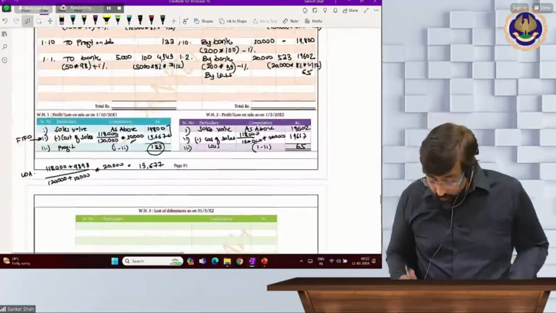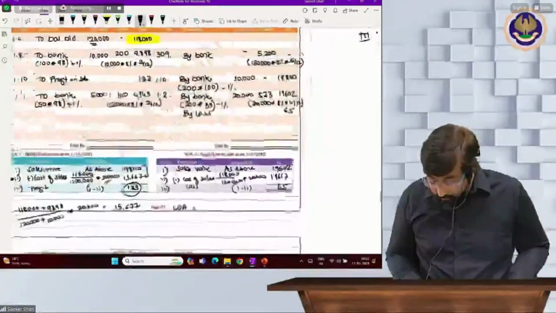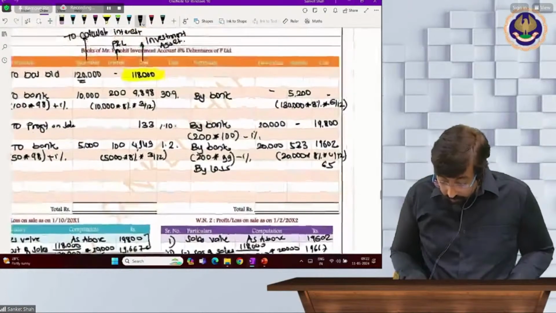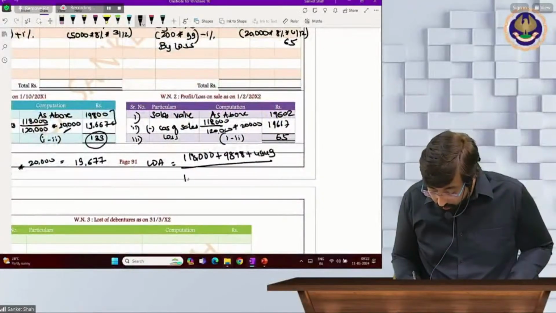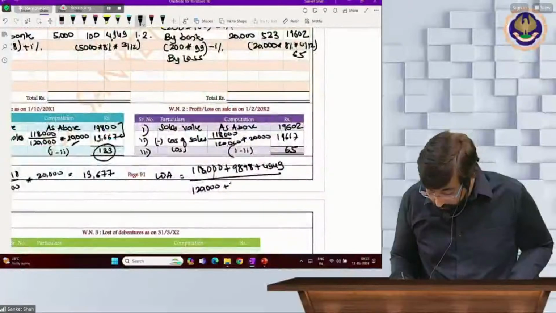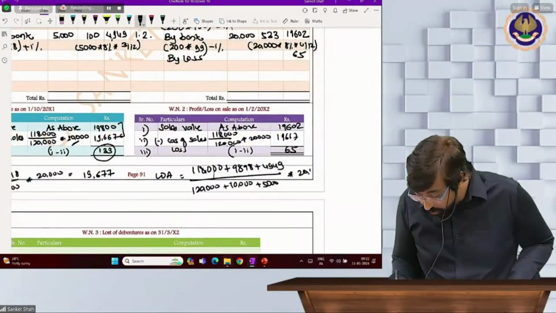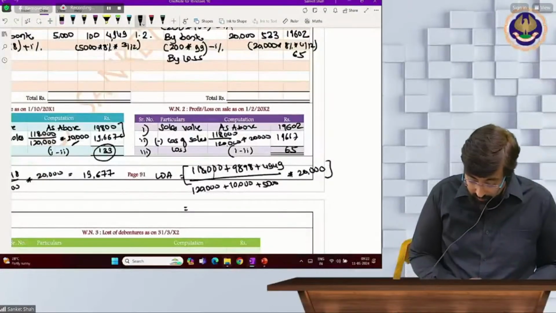And see, if I do the weighted average method, weighted average में कितना आया होता बेटा फिर? 1,18,000 plus 9,898 plus 4,949. Very good. And 1,20,000 plus 10,000 plus 5,000. And you sold 20,000. So weighted average का भी आंसर लिख के दिया मैंने.